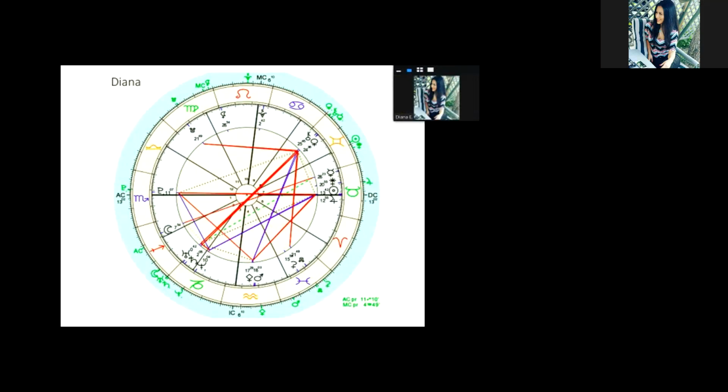With that polarity, very fixed in nature. That's been part of me since I can remember. Black and white, in or out. Long-term commitments. I'm not much to do the casual thing. And I think that's very relevant of the 8th house Venus as well.